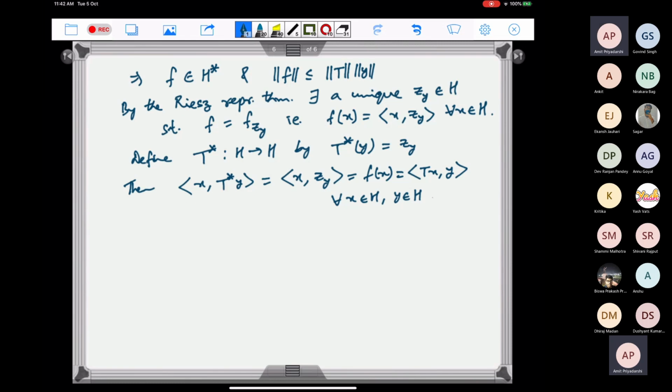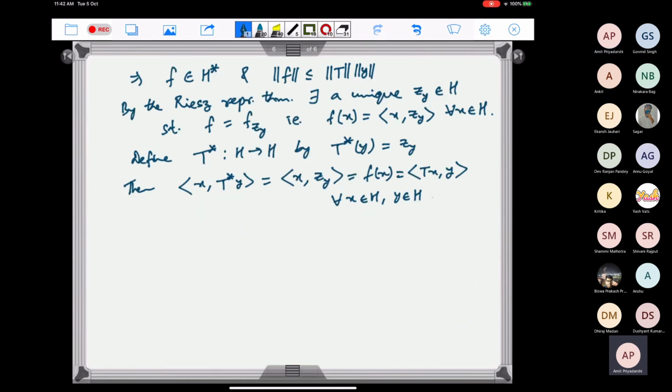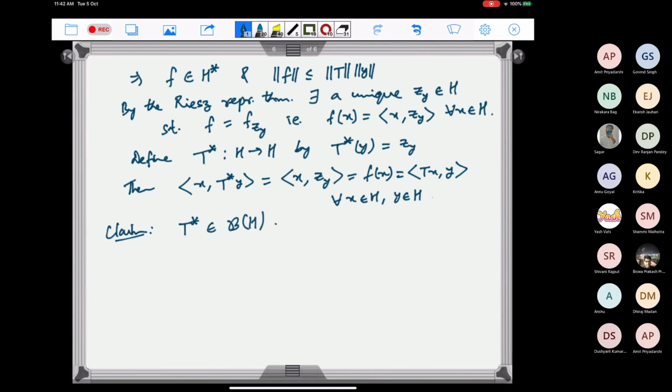So it satisfies this. Let us check that this T star is also linear. Claim is T star belongs to B(H). So first the linearity.